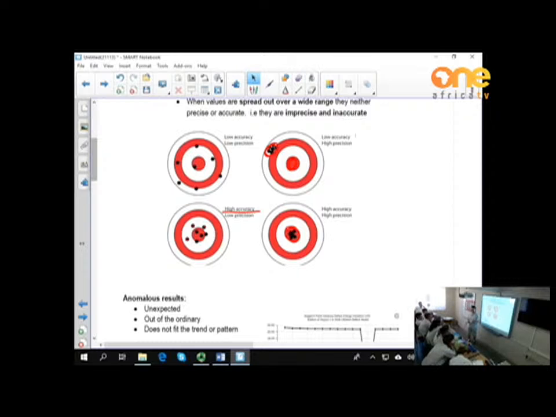I made errors on some of my readings. And over here we have low accuracy, low precision. We were supposed to hit the bull. Only one of my shots hit the bull. So 1 out of, how many have I there? 7. I'm not very accurate. Was I precise in my error? No, it's all over the place. So I probably made different errors taking readings.